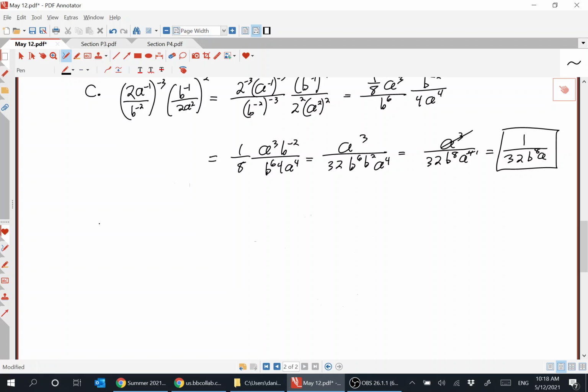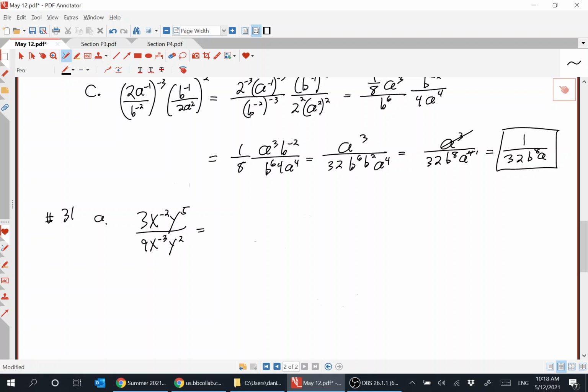Let's try 31. So this is not one of the assigned ones, but it's a good practice for 32. So A is 3x to the minus 2 y to the 5th over 9x to the minus 3 y squared.